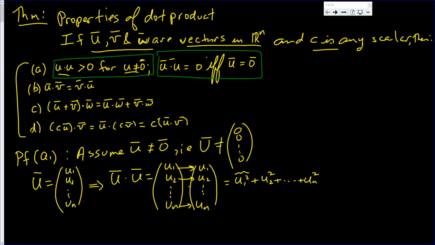Now, each of these entries is at least 0. You can't square a number and get a negative. You can get 0, just square 0. You can get any positive number by squaring the square root of that positive number. Well, what do you square to get 13.1? Answer, the square root of 13.1.